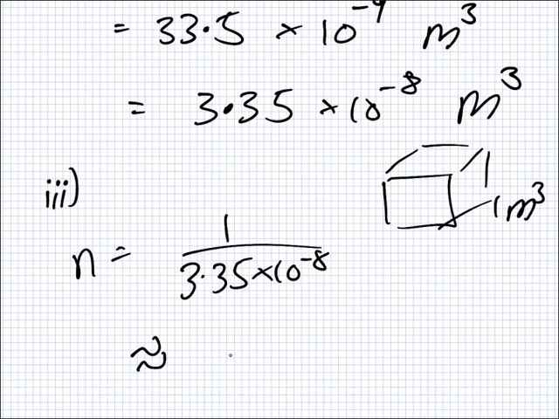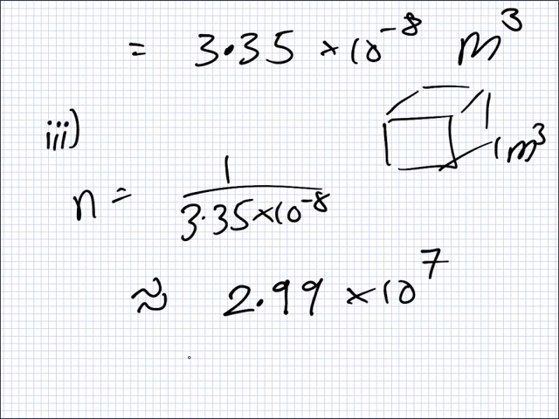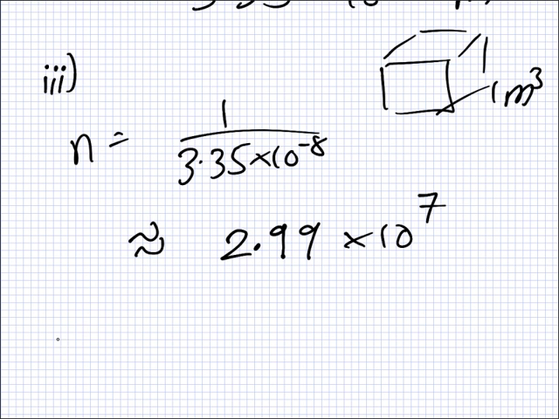Roughly 0.33 times 10 to the 8 or something, is it? 2.99 times 10 to the 7, like this? Is that what we got? Roughly 30 million, I think. Anyways, what's the last part?